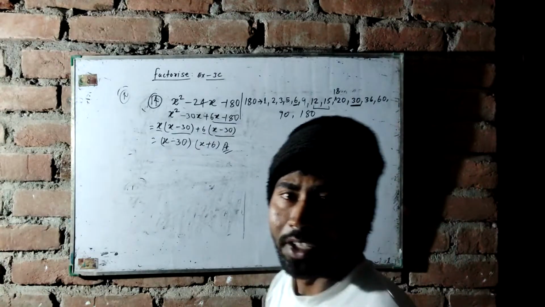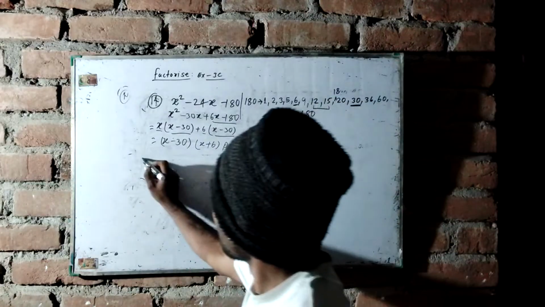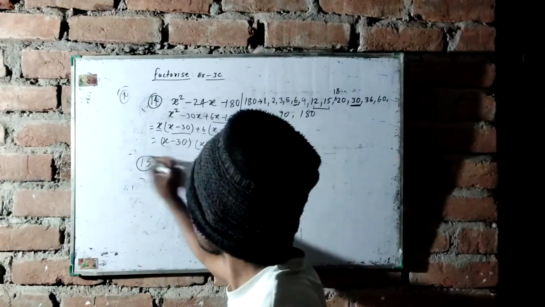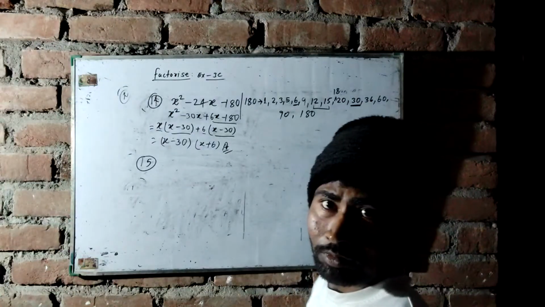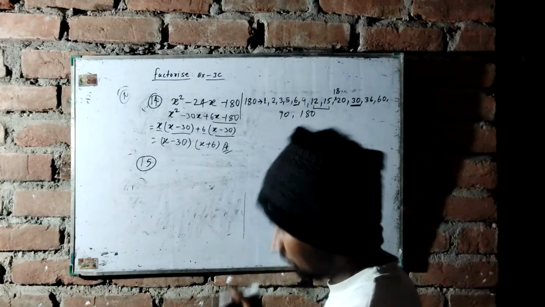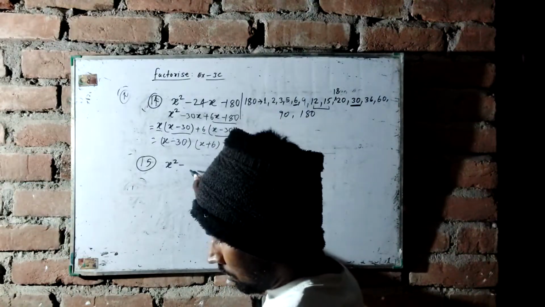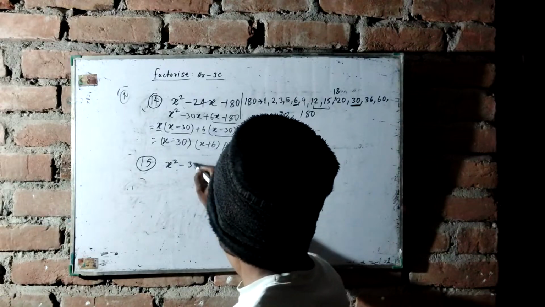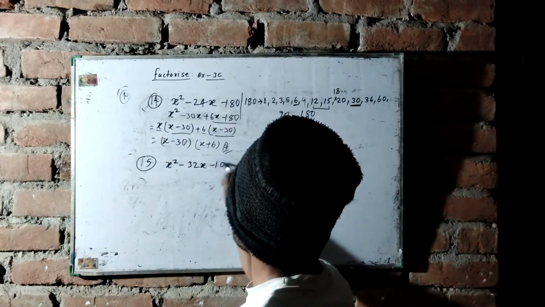Now let's go ahead to the next questions. Question number 15. x squared minus 32x minus 105.